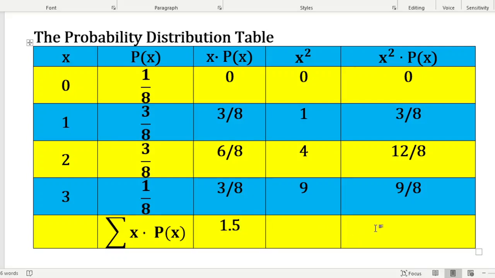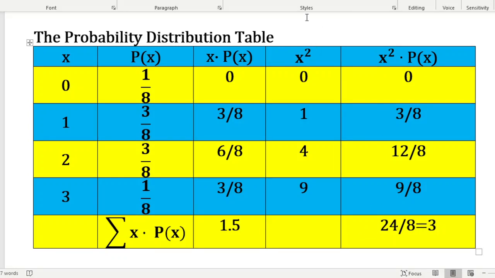Also, in our steps discussed a while ago, we need to determine the summation of the products of the square of each possible value and its corresponding probability. We have 0 plus 3 eighths is 3 eighths, plus 12 eighths is 15 over 8, plus 9 over 8 is 24 over 8, which is equal to 3. Thus, we already have the summation.